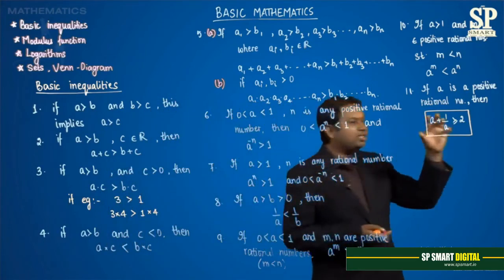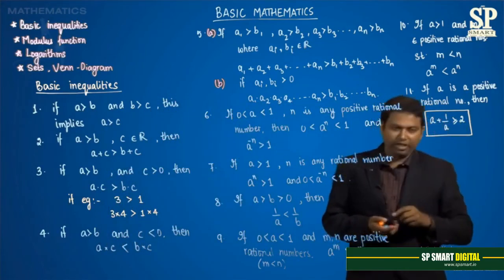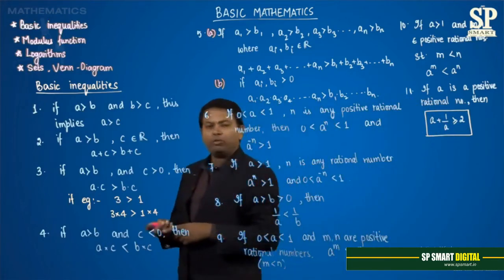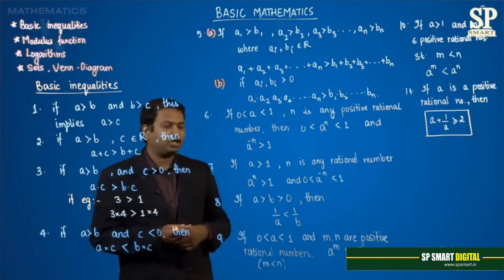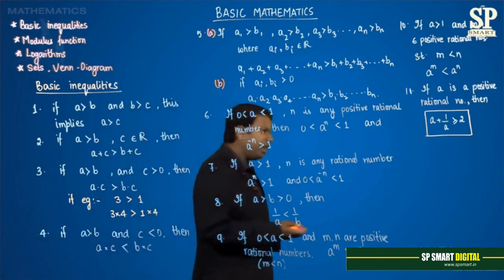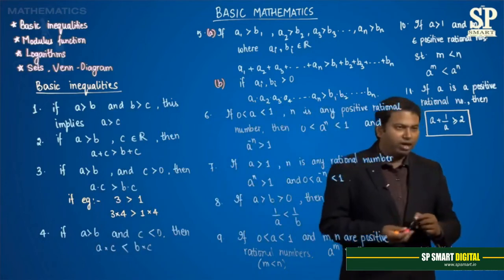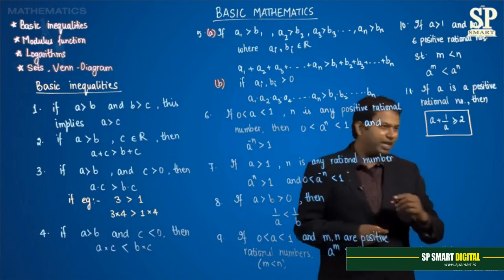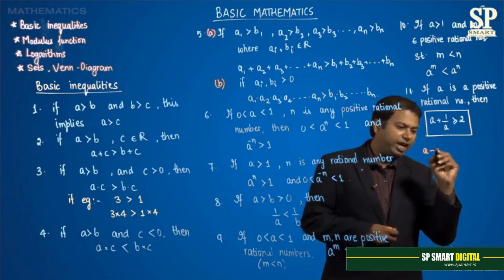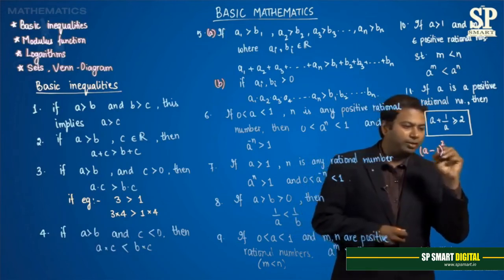Now you might ask, can we prove this? You can prove this using AM greater than GM, which you will discuss in the chapter sequence and series. Here, if you would like to prove, we can do something like this. Let us say we have the expression a minus 1 whole square.